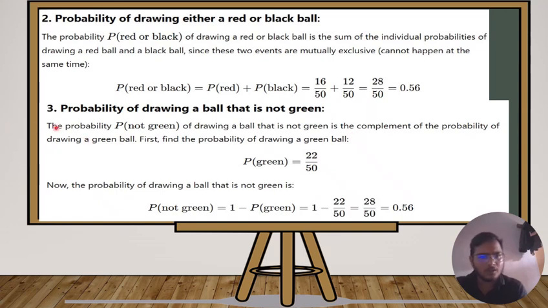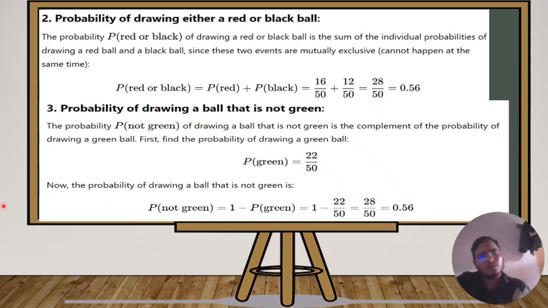And the third one: the probability of drawing a ball that is not green. First we have to find the number of outcomes for green. Not coming of green means 1 minus the probability of coming of green.